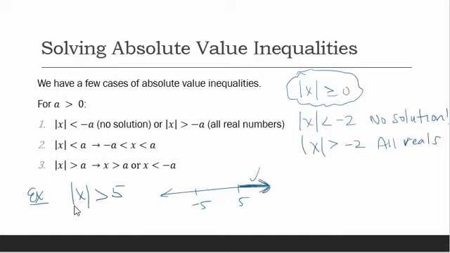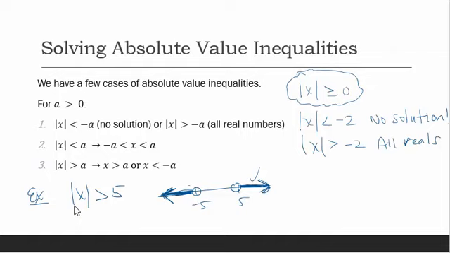And so I'm going to shade these numbers on the right, but 5 doesn't work. 0 doesn't work. Any numbers between negative 5 and 5 don't work. But once you get down here to the left side, negative 6, absolute value of negative 6 is 6. And 6 is greater than 5. And so all of a sudden, these numbers do work. Okay, negative 5 doesn't work.